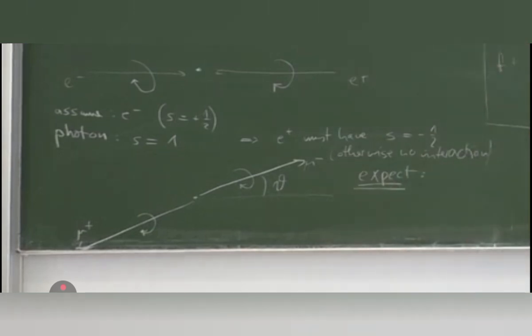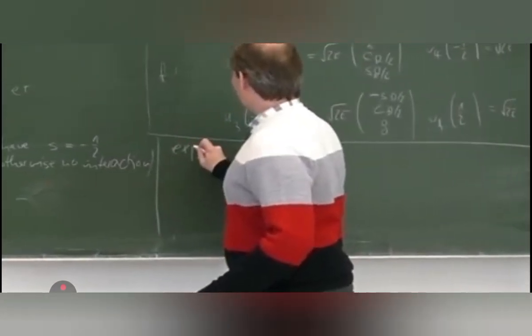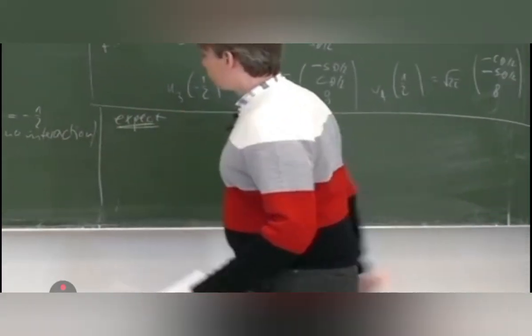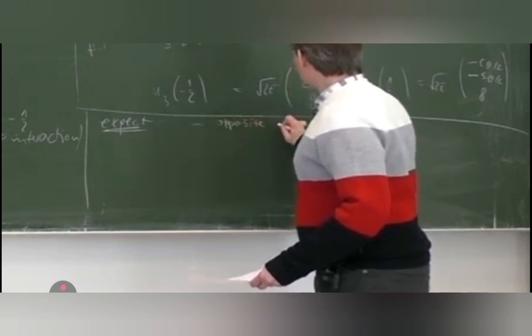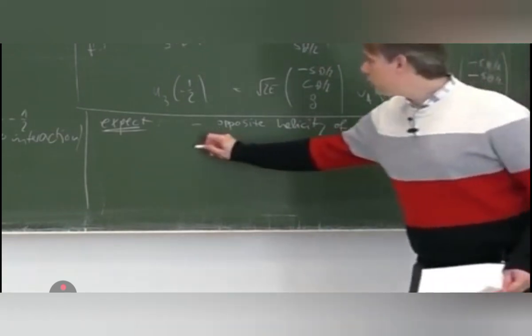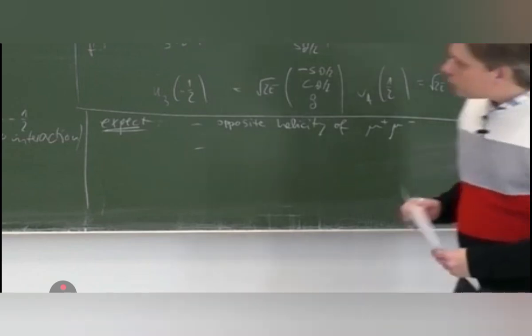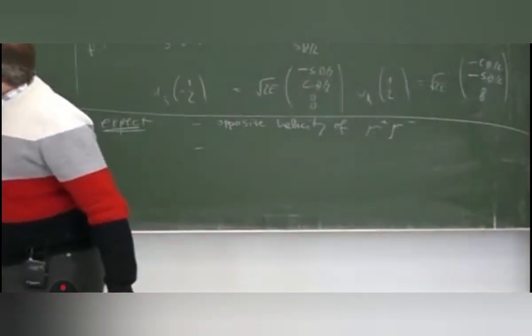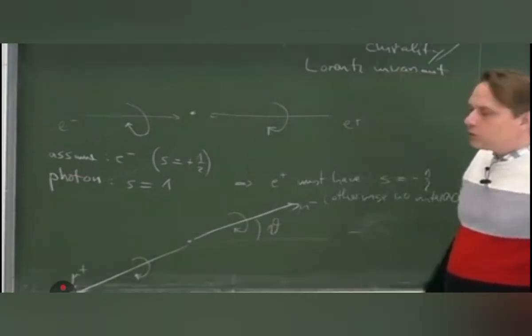Let us write down some expectations maybe here. What do we expect? First of all, we expect opposite helicity of mu plus mu minus, otherwise the interaction would be 0. And then let us look at angular momentum now, not only spin but proper angular momentum.